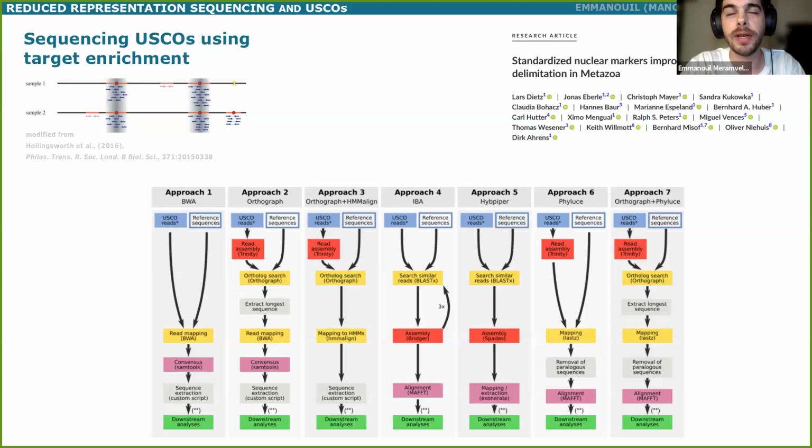And these are actually brilliant approaches, but again, you have to have the prior information that exists in the BUSCO, in the OrthoDB database, in order to generate the physical probes and actually get your loci.